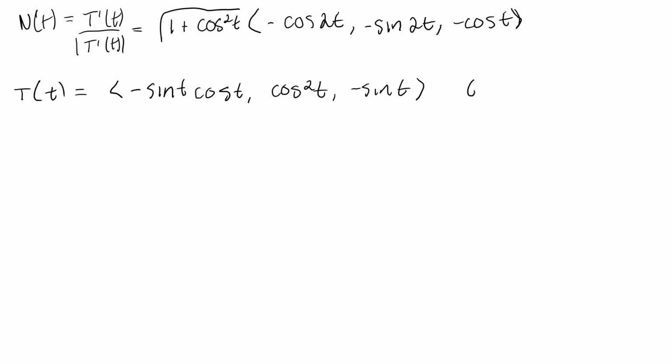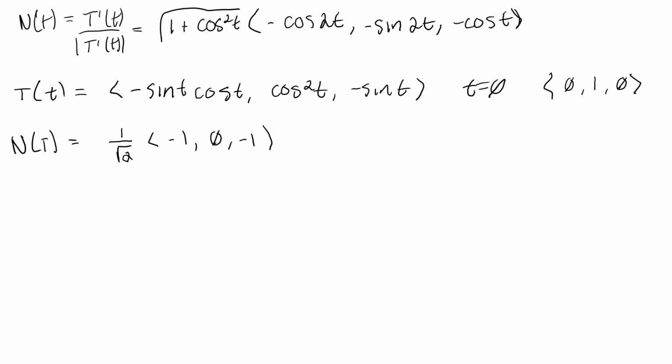At t equals 0, we get the vector 0, 1, 0. Now plugging in t equal to 0 for N, we get 1 over the square root of 2 times 1, negative 1, 0, negative 1.